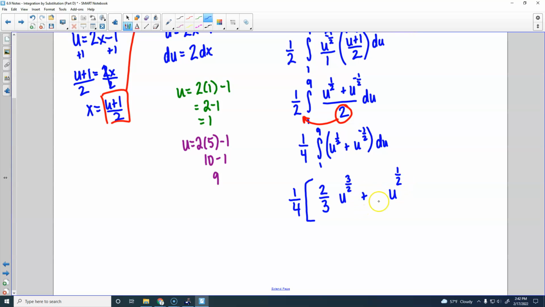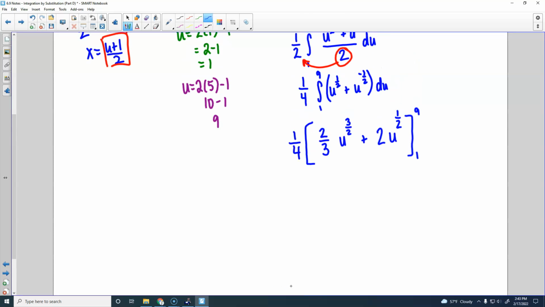We will divide out front by the 1/2, which will just flip the fraction and give us 2. And we're integrating this from 1 to 9. No plus c, because it's a definite integral. Although if you put the plus c, it's actually okay, because the plus c will cancel with a minus c whenever you plug everything in, and it'll work out, but it's unnecessary here.